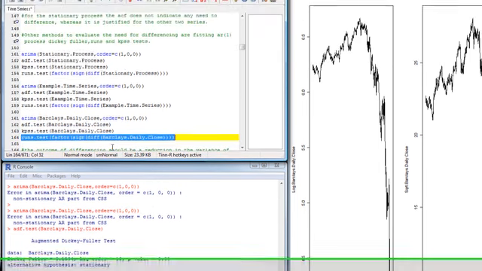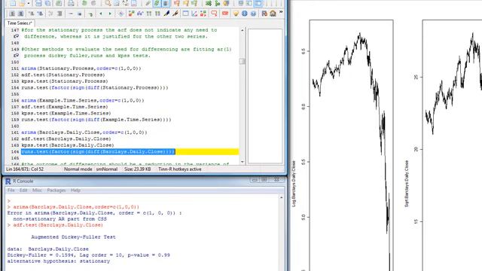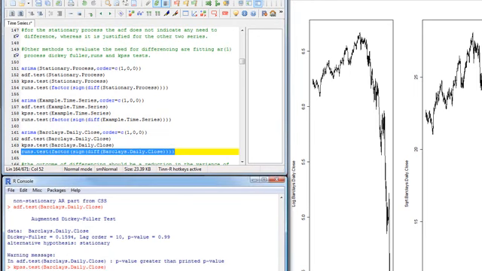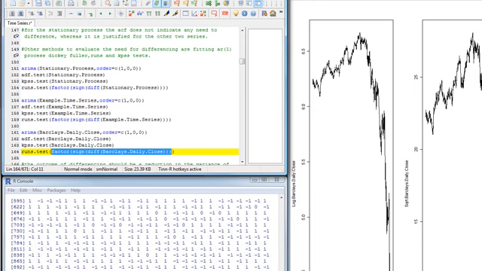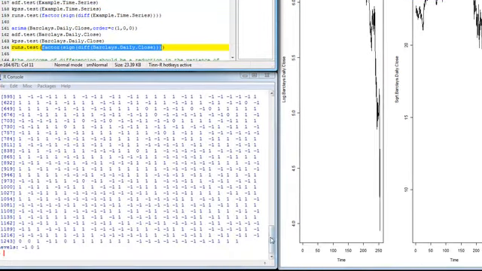Performing a runs test. Oh, that didn't seem to work. Let's try that again. We just need to process the data before it's sent through to the runs test function. And that is dichotomous, so it is 0.